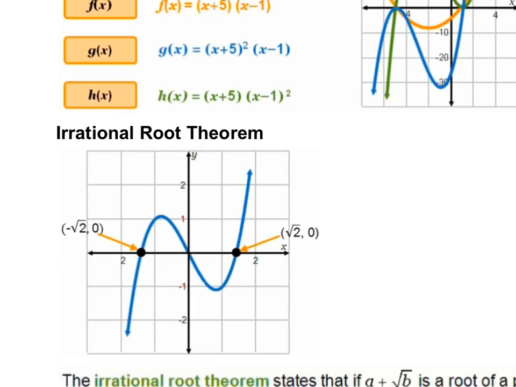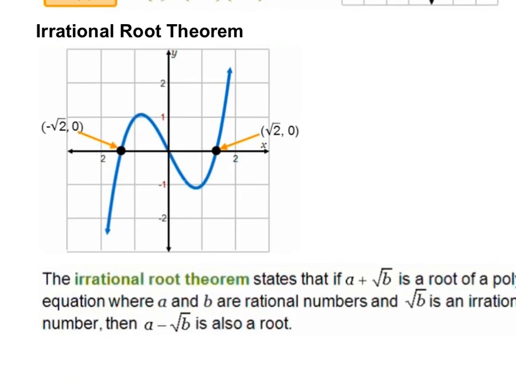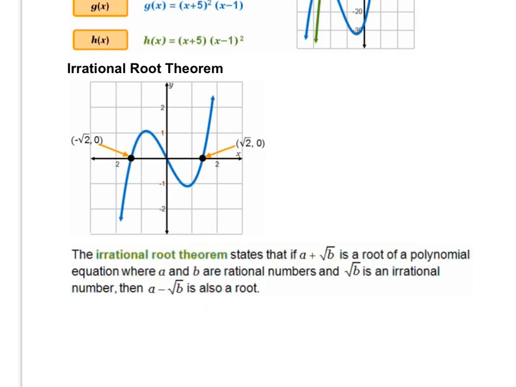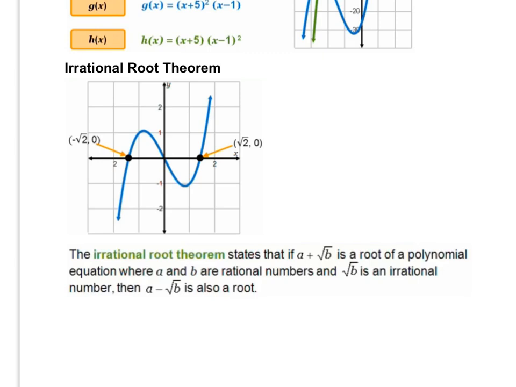All right, let's take a look at the irrational root theorem. It says that if a number a plus the square root of b is a root of a polynomial equation, where a and b are rational numbers and the square root of b is an irrational number, then we know that a minus the square root of b is also a root.